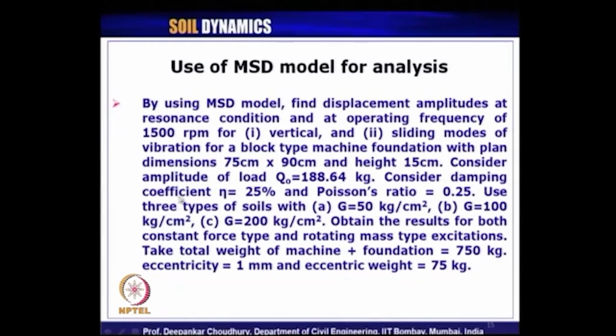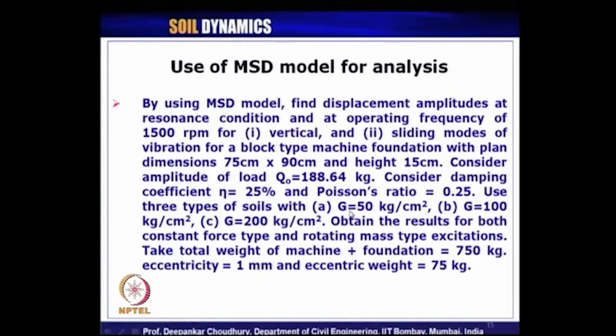It is given that the amplitude of the dynamic load applied externally on the foundation is 188.64 kg. Of course, this is kg force. Remember, this is kg force I am talking about. Consider the damping coefficient eta as 25% and Poisson's ratio of the soil as 0.25. Again, let us use three types of soil.